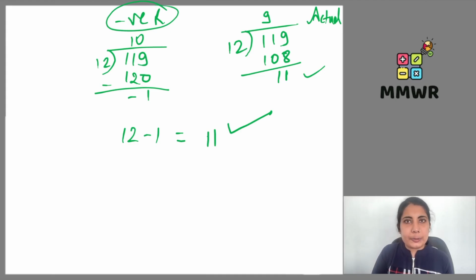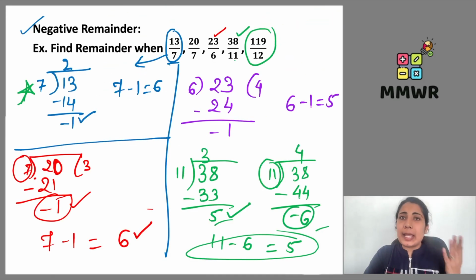I hope it's clear. So this way, with the help of negative remainder topic, we can easily get the value for actual remainder also. So sometimes when the dividend is very close to such a number which comes in the table of that particular number, we know it is a very close number and it is bigger than the dividend, then we first find the negative remainder and we can easily convert negative remainder into the positive one. I hope it's easy to understand.